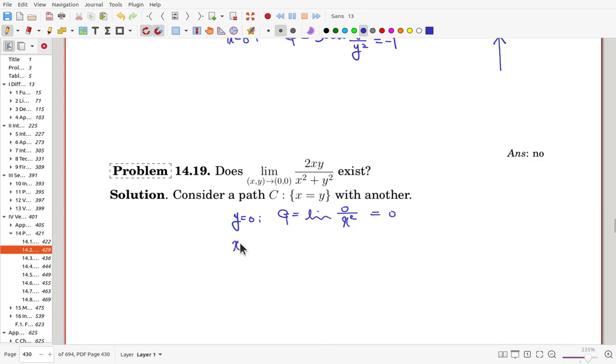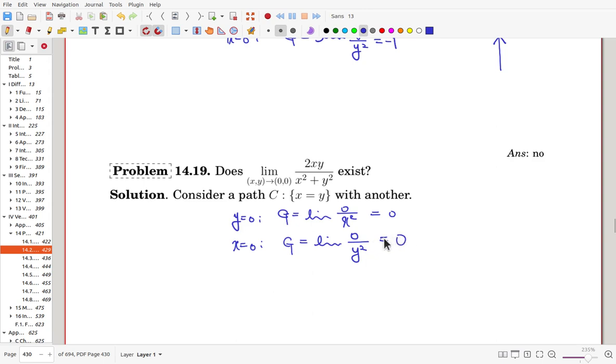Now, how about x equals 0? Then the given problem is the same limit, and again the numerator is 0 and the denominator is y squared. This is again always 0, so the limit is 0.